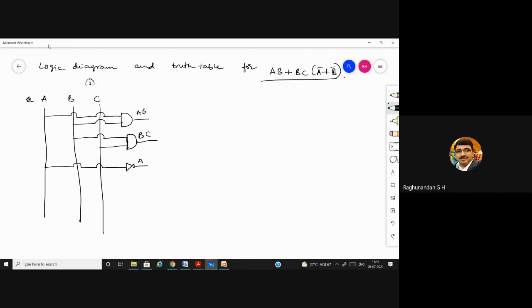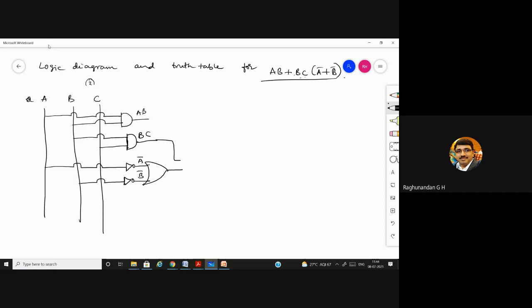Then it becomes A bar. Then B bar: take a point here, pass it through a NOT gate, B bar.